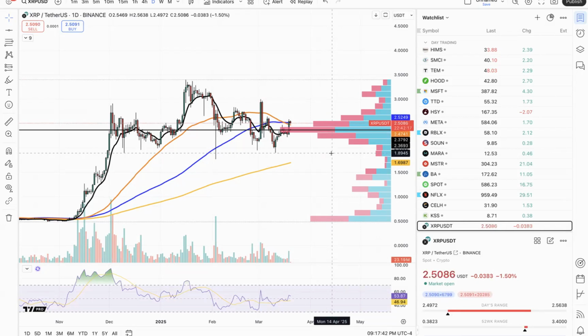So what's happening right now on XRP with Bitcoin is just really some defensive posturing, some profit taking. You're seeing people being a little bit more risk off just because of the uncertainty with tariffs.